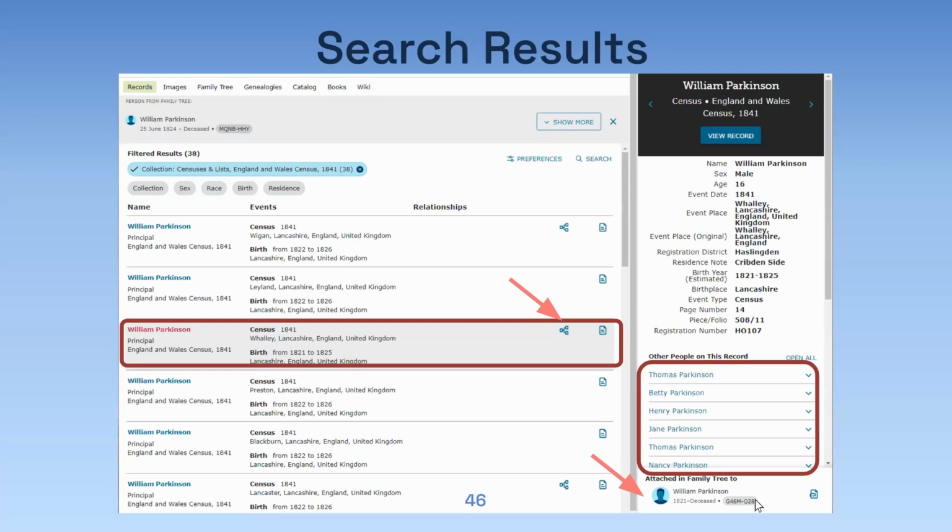So here, this task now is we've got to figure out what on earth is going on with this William Parkinson. But I don't want to interrupt my review of the sources and my repair of our William by going down this rabbit hole right now. So I'm just going to make a note of it so that I remember to come back to it later.